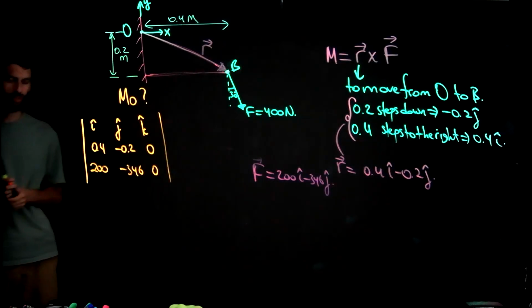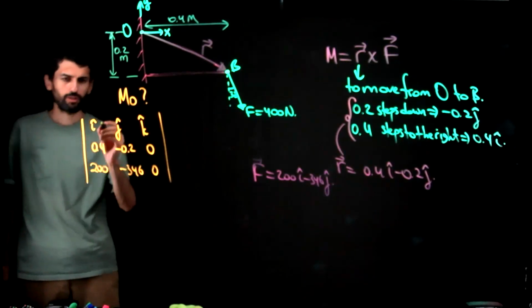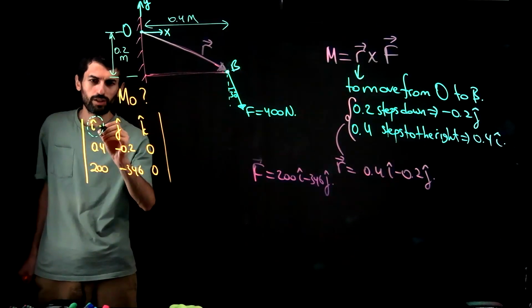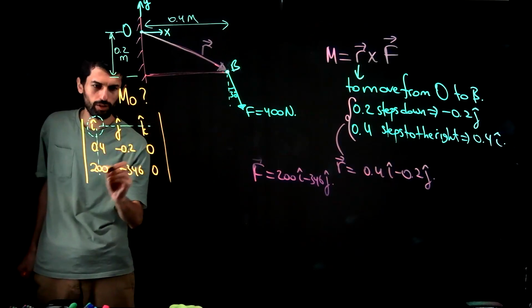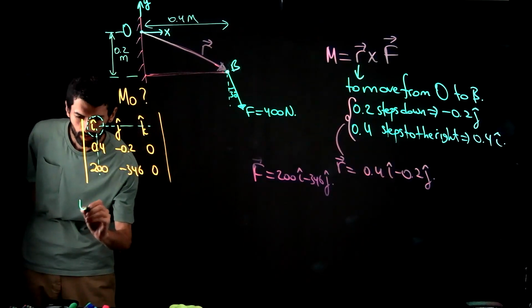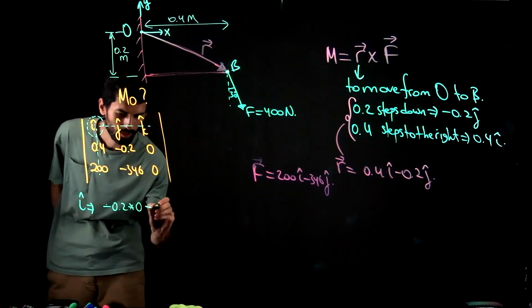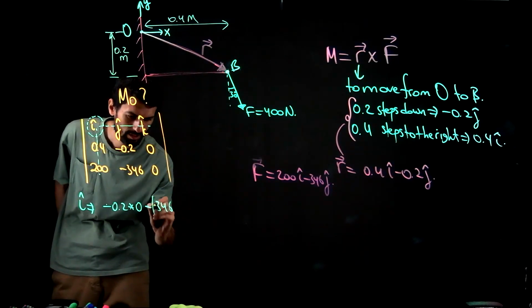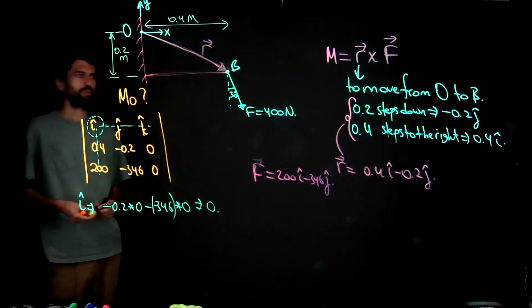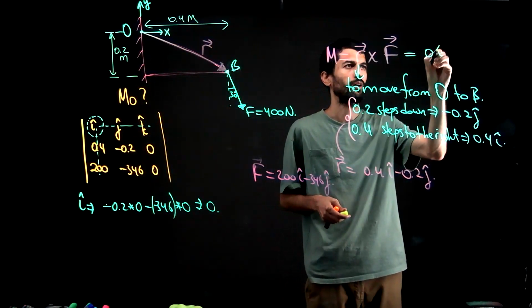We need to find this determinant. For the i component, we erase that row and column, so it is negative 0.2 times 0 minus negative 346 times 0, which is 0. So the final moment doesn't have an i component.